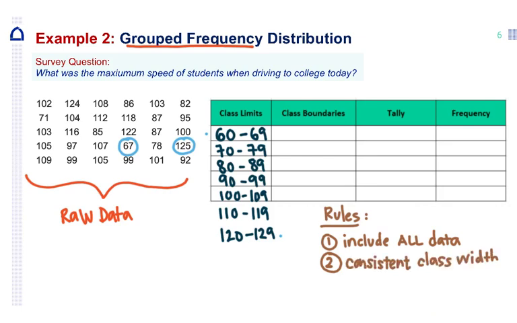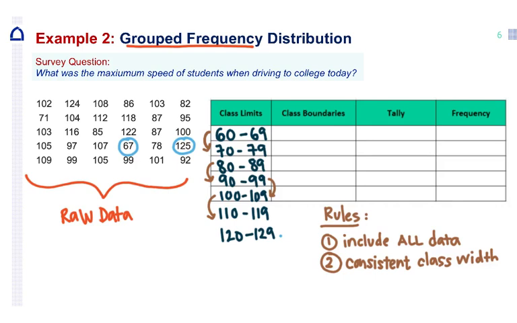Class width is the difference that you traveled from the lower class limit of one row to the lower class limit of the next row. So to get from 60 to 70, I traveled 10. So the class width is 10. And you can see no matter which 2 rows you look at, the distance you traveled between the lower class limits is always going to be 10. Those class widths have to stay consistent.